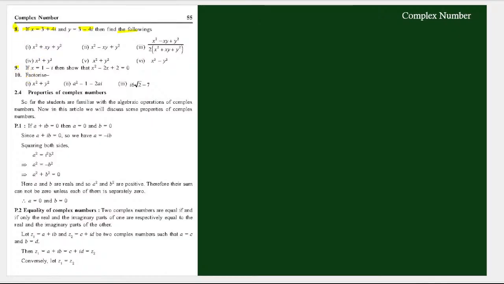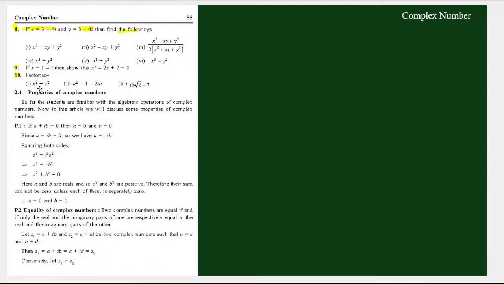Okay, from 8, 9, 10 I will have. ठीक है. If you can do, then you can try this one, number 8. x square, x is this one, xy, you have to multiply them. Again y square. Okay, factorize.